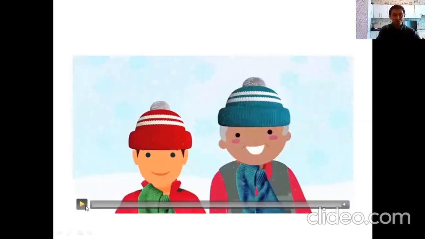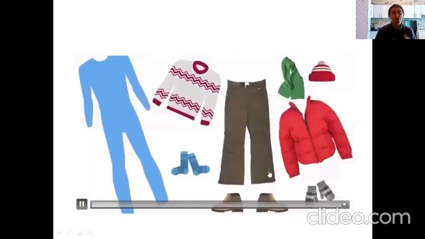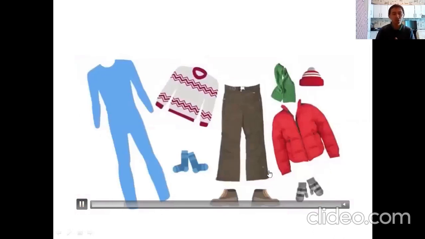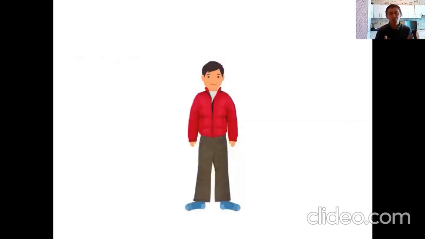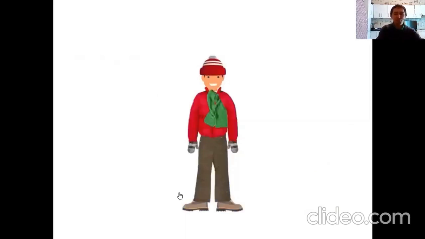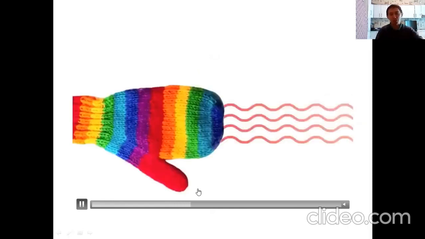Next, I wanted to tell you how to prevent your body temperature from dropping: just wear warm clothes. It's so simple. Wearing warm clothes, you just keep your body temperature stable. That means your temperature doesn't flow to the outside environment.